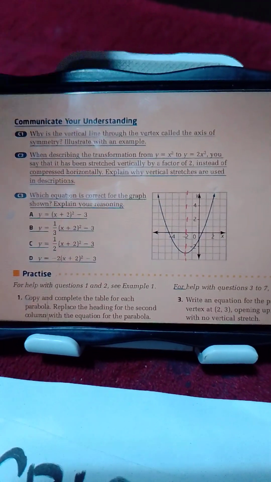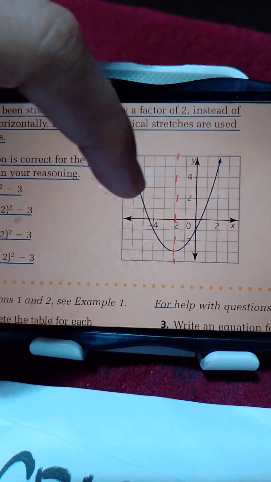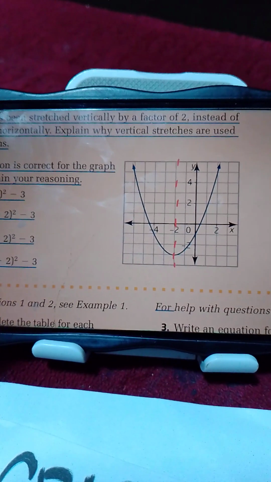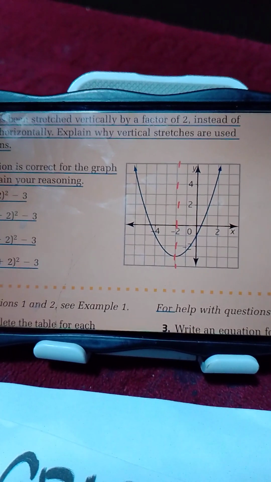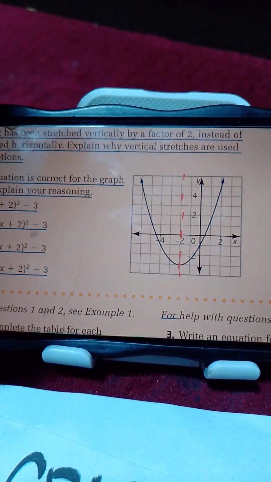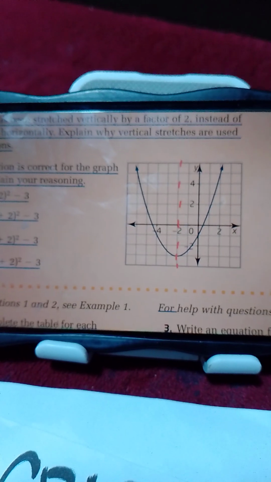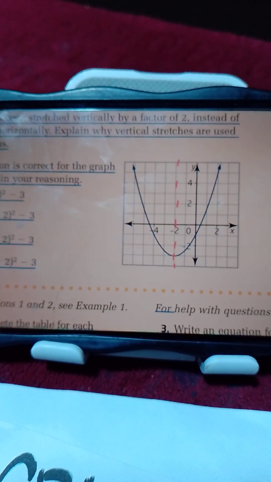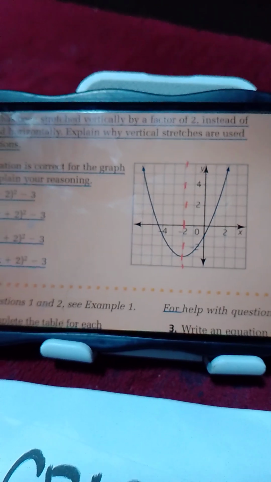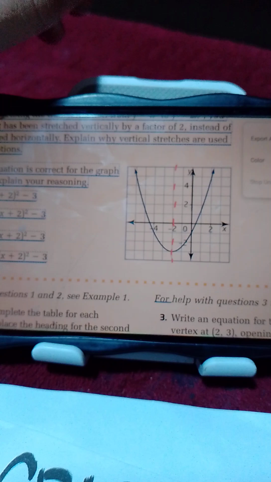It is called the axis of symmetry because it divides the parabola into symmetrical parts. It means both sides have the same amount of space. Because of the line, this parabola is divided into two equal parts. That is why it is called the axis of symmetry.